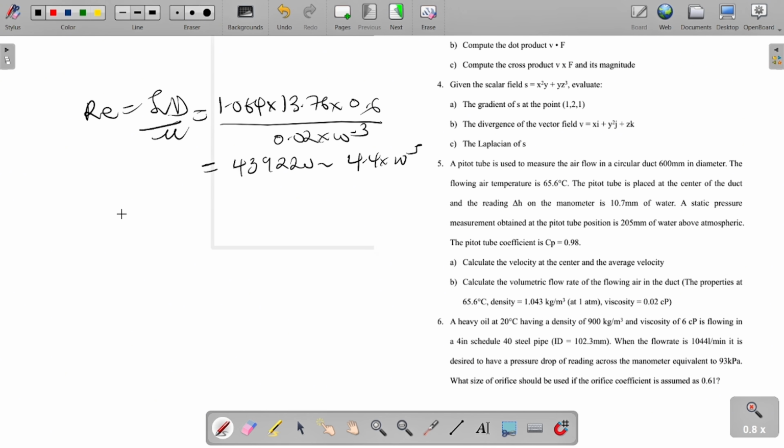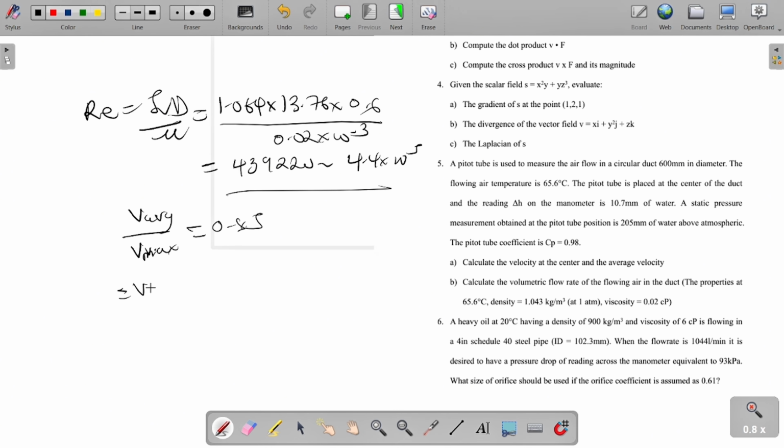And from a graph, you can see the relationship between Vmax and V average, I mean the ratio becomes 0.85. So at this Reynolds number, the ratio between these two is that value.